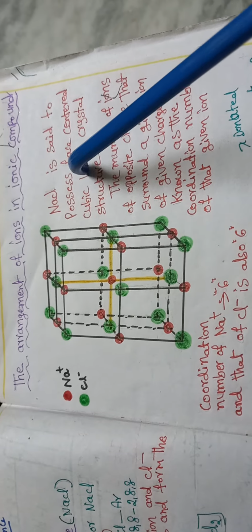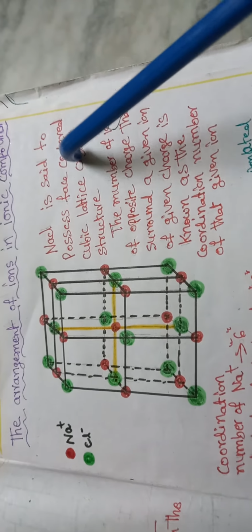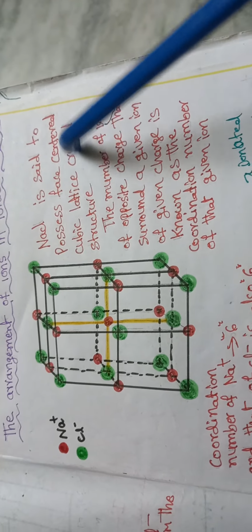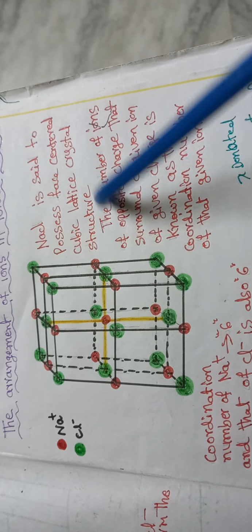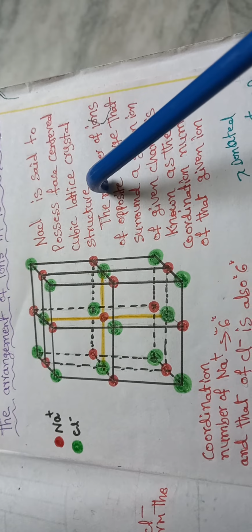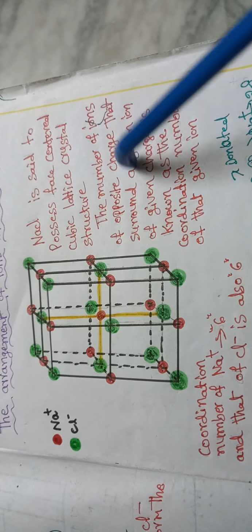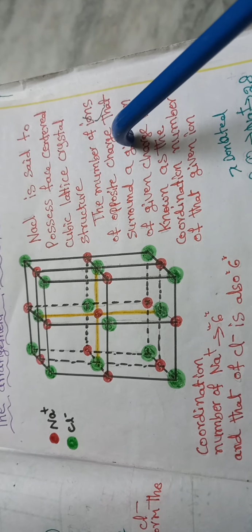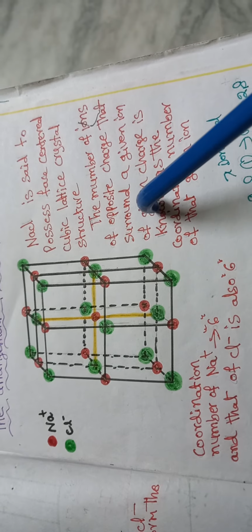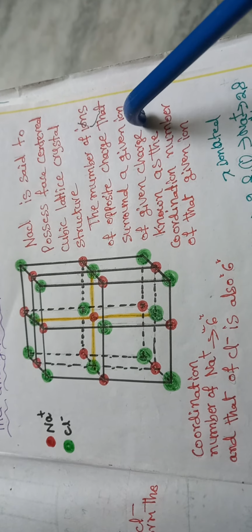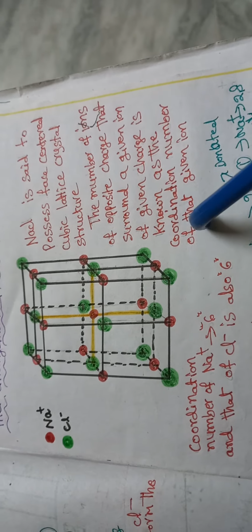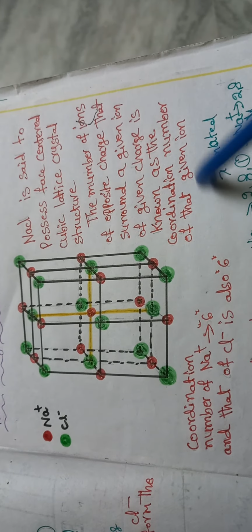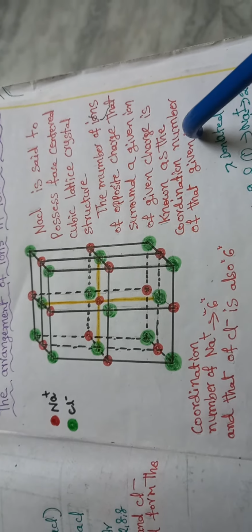Sodium chloride is said to possess a face-centered cubic lattice crystal structure. The number of ions of opposite charge that surround a given ion is known as the coordination number of that given ion.